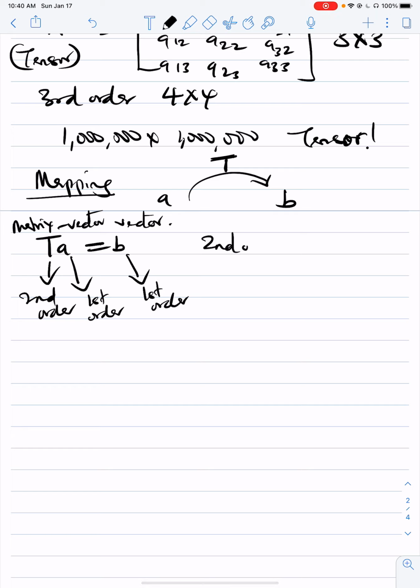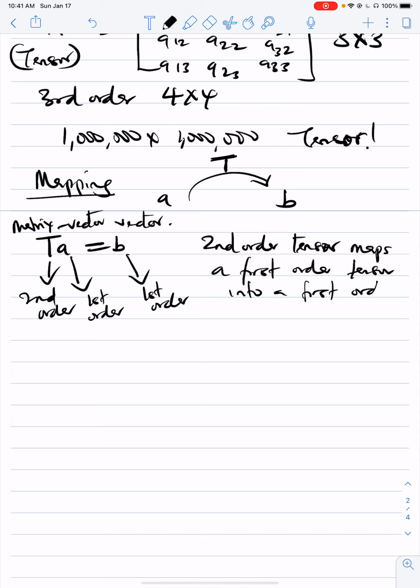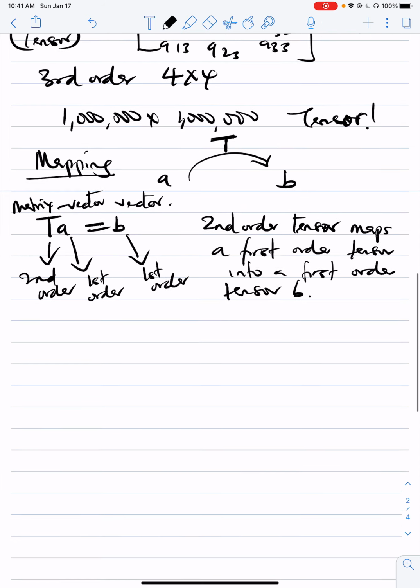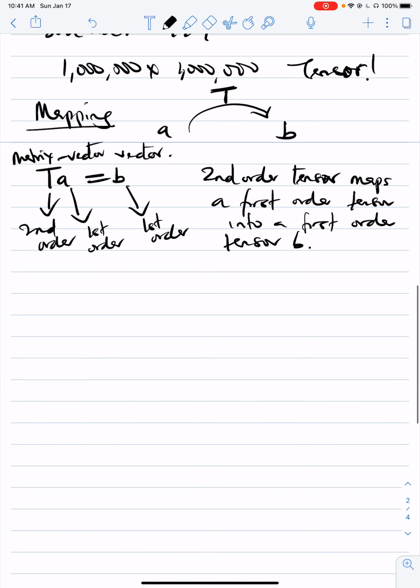So a second order tensor maps a first order tensor into a first order tensor B. Sorry, I'm handwriting, I hope to make it a bit legible. I hope that's clear. If you have two vectors multiplying each other, let's say A times B, and you multiply a vector by a vector, you should get a scalar, let's say alpha.